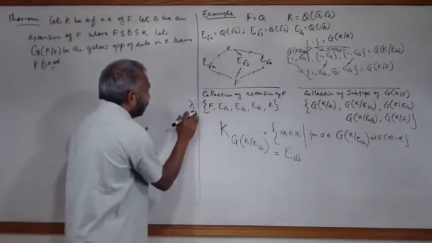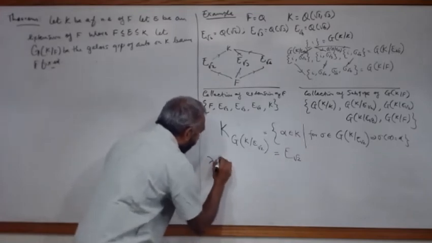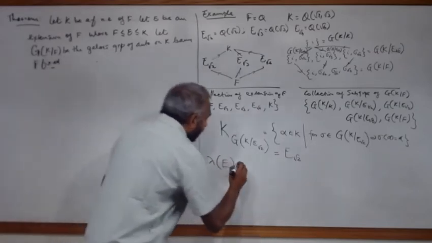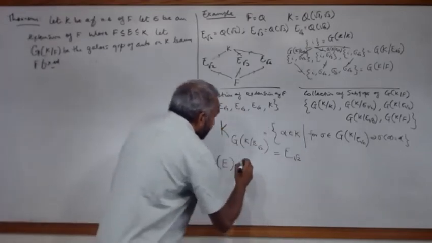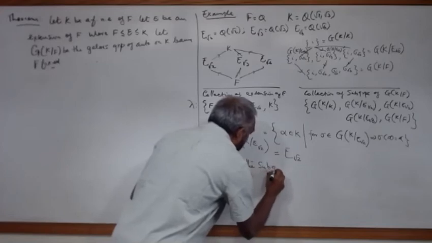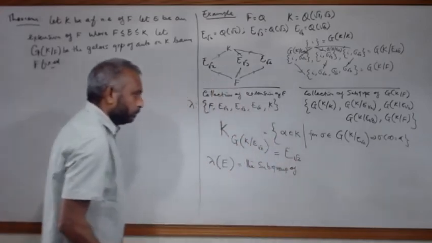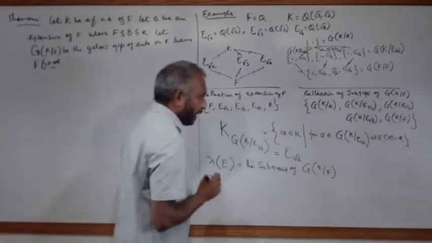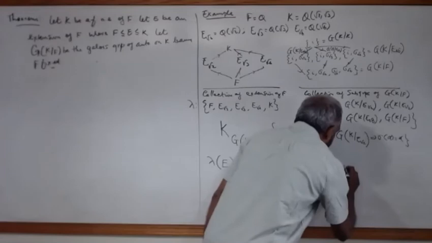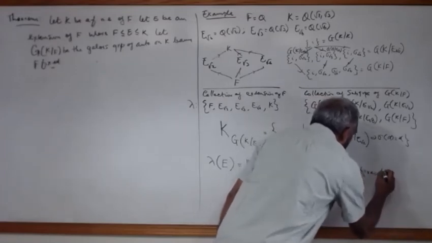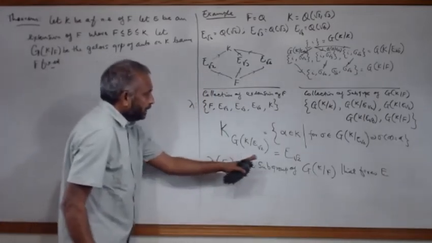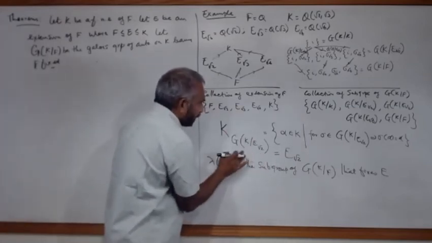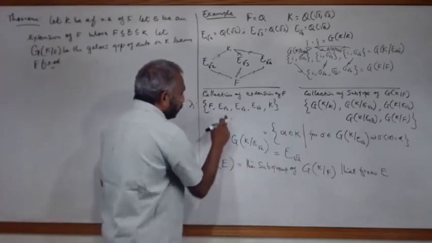The way I am going to map is lambda of a general element, we will write it as E, is equal to the subgroup of G of K over F, that fixes E. See, this is the subgroup which fixes E root 2. So E root 2 should go against this.